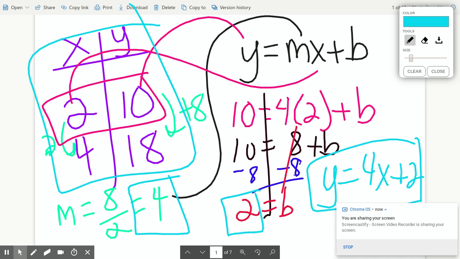So we took a look at what a function is and what's not a function. We took a look at linear functions and the different parts of them, the slope, the y-intercept, and the additional meanings of them. And we took a look at how to graph linear functions. We talked about how to create equations from graphs or from tables. And all these apply to our functions review lesson.